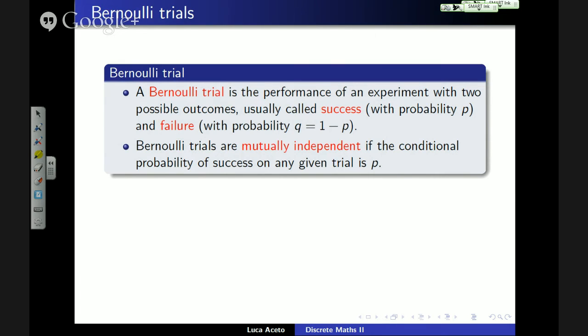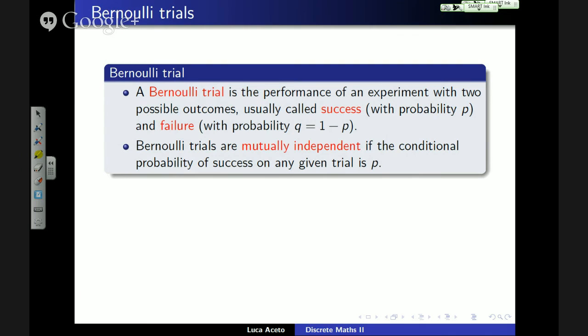Now, Bernoulli trials might be mutually independent. What does this mean? Well, think about tossing a coin. The coin doesn't remember what it did when you tossed it 1 million times before. If you toss it again, the probability that it lands heads is always the same. It's independent of all the tosses that you had before.